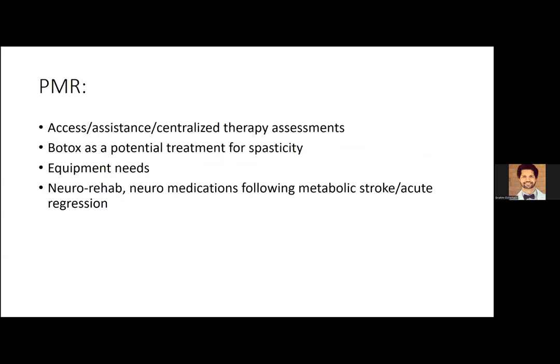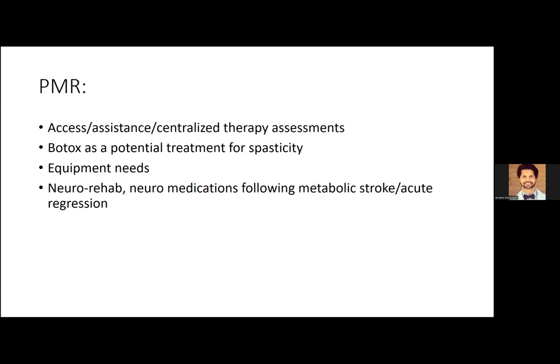So a little bit about physical medicine and rehab, because before I did residency and then fellowship, I actually didn't know too much about this. But physical medicine and rehab is a medical specialty. So they're the physicians who train in this. What these docs do is they really specialize in coordinating and centralizing all these different therapies. They help with access, assistance, and provide a centralized platform for a lot of these therapies like PT, OT, and speech.